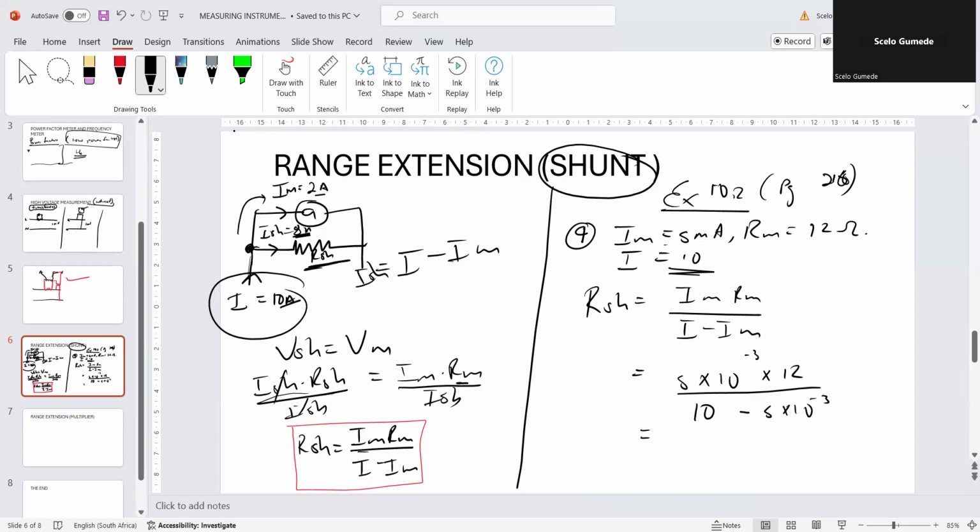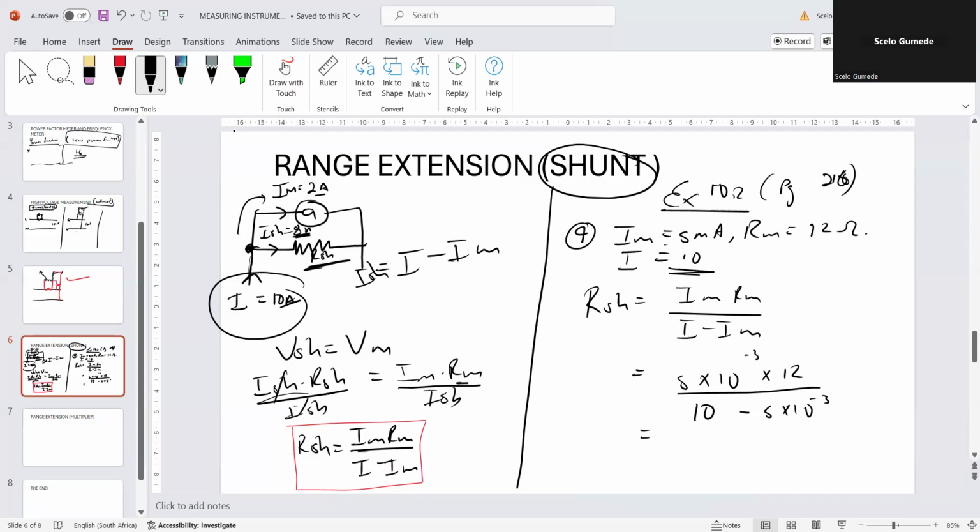Let me punch that on a calculator on my phone quickly. I don't want this video to be long. 5 exponent minus 3 times 12, divided by 10 minus 5 exponent minus 3.